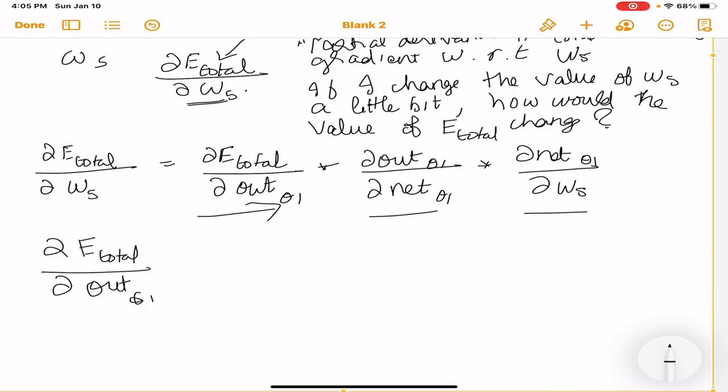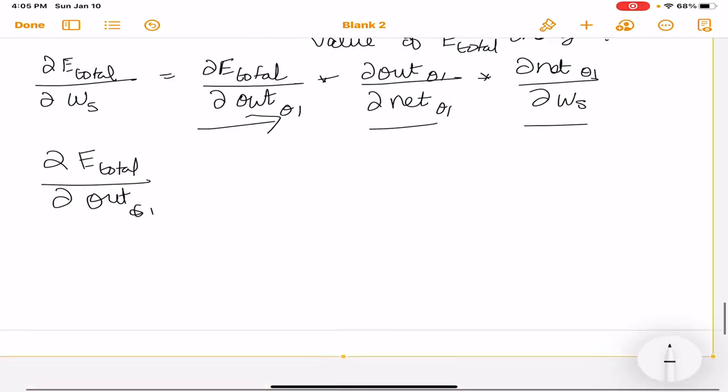For that, we already know the equation of E total.